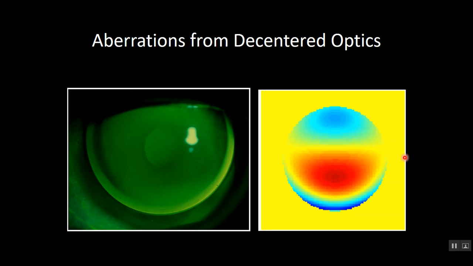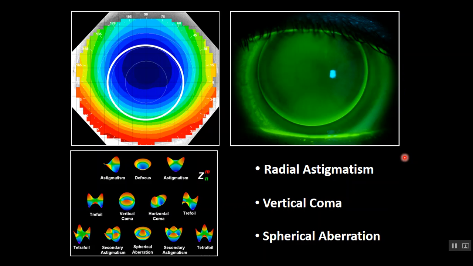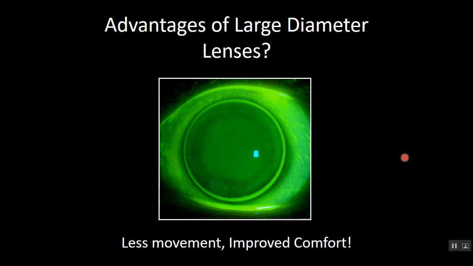The aberrations are increased significantly when we decenter our lenses. In fact, the radial astigmatism, the vertical coma, and the spherical aberration are increased when you have a multifocal lens decentering high. So this tells us that we should be shooting for centered multifocal lenses rather than superior central lid attached fits.